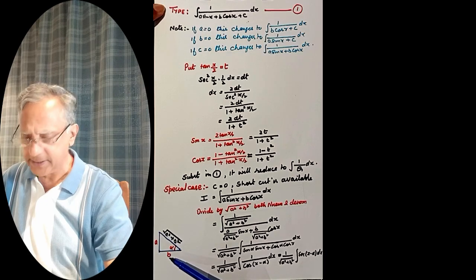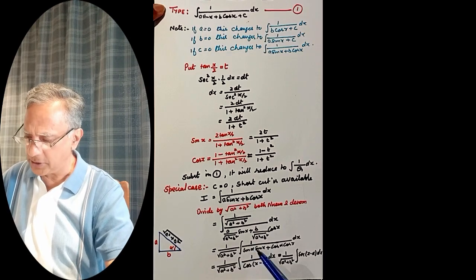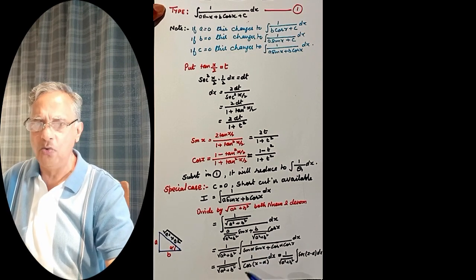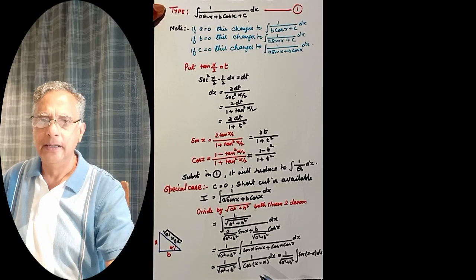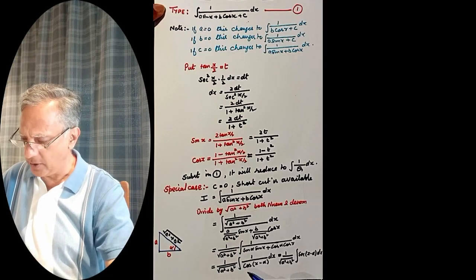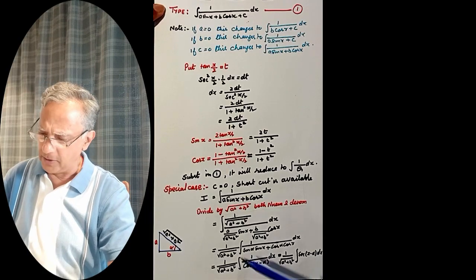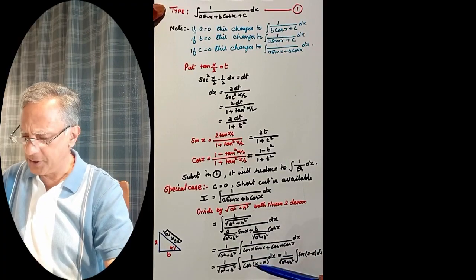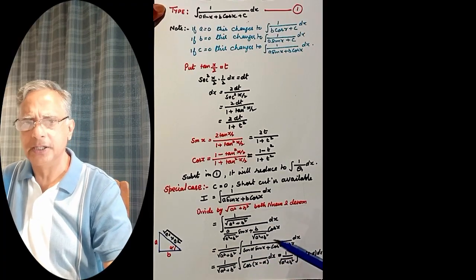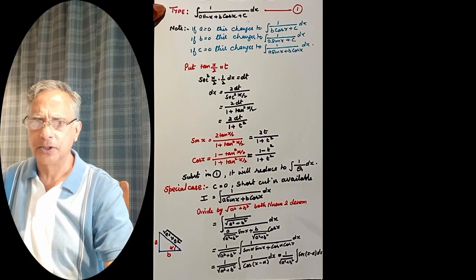Take this as B and this as A. Then this question will change into 1 over sine(A plus B), 1 over sine(x plus alpha). You can also proceed in that manner. But we will fix 1. We are changing this into cos, so we will change all the questions into cos.